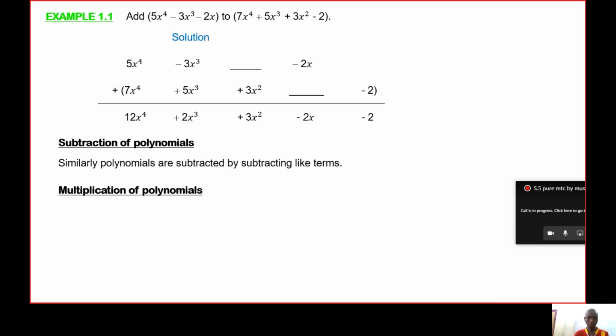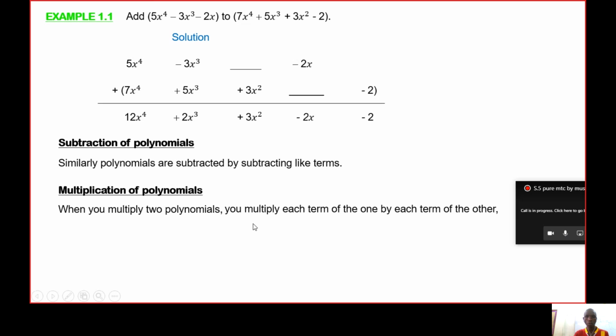Right, let us go to multiplication of polynomials. When you multiply two polynomials, you multiply each term of one polynomial by each term of the second polynomial.